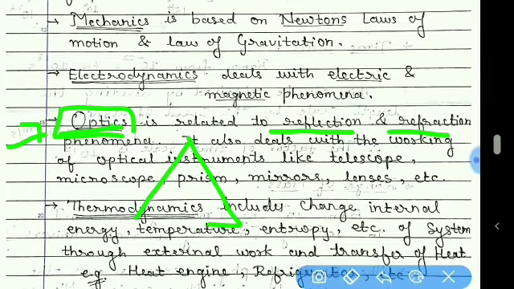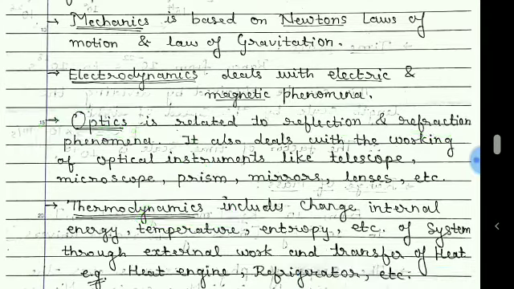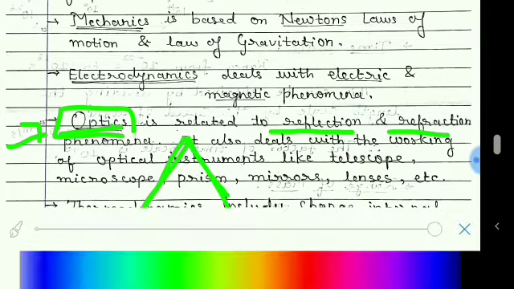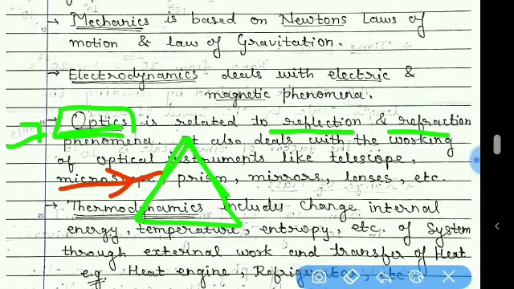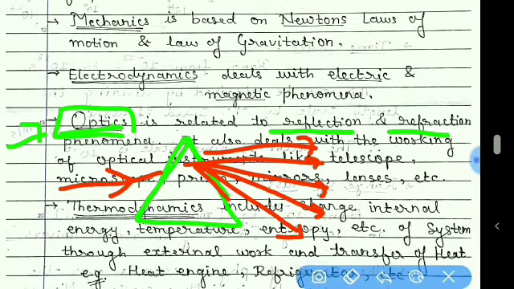If we consider a prism, and a white light passes through that prism, then it disperses, or is separated, into the 7 colors. This process of separation of light through a prism is called dispersion of light.